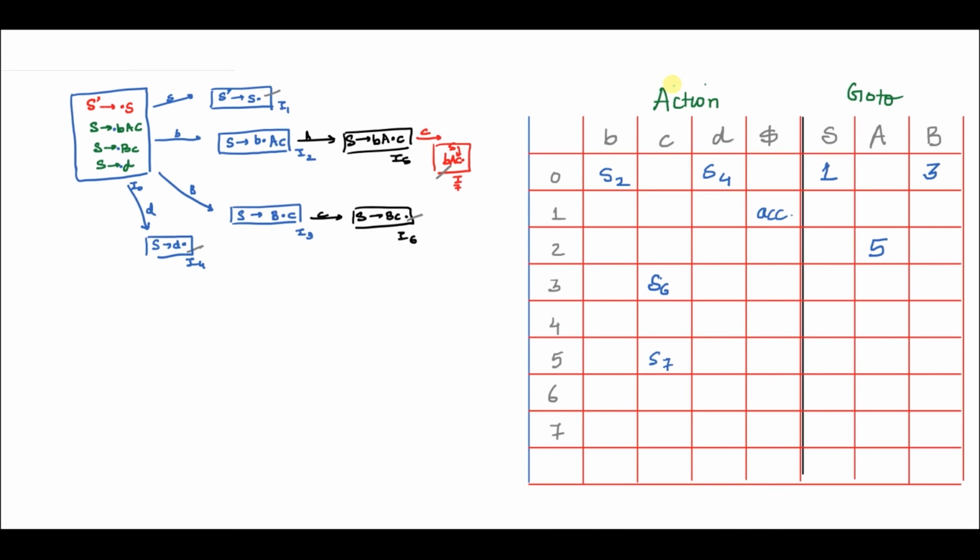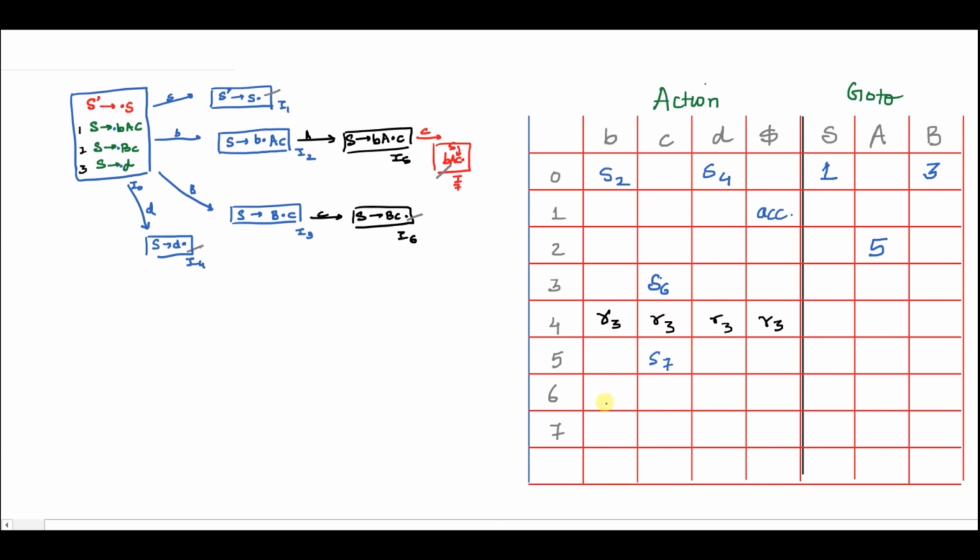Okay, now this is the part where the difference between LR0 and SLR1 comes. Final states. The first one is S gives D dot. The production number is 3. So whenever I encounter any terminal, I will reduce, so R3 in the LR0 parser.